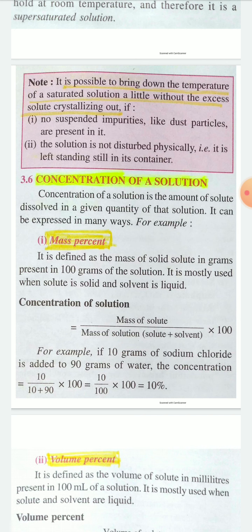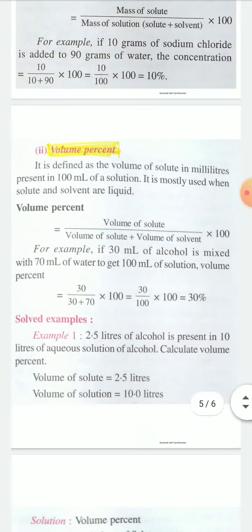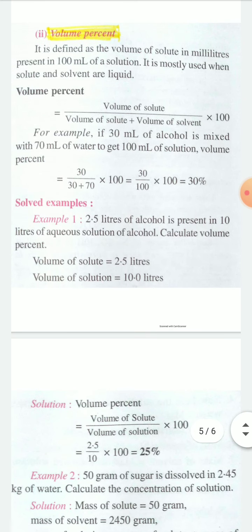This is mass percentage. Now, volume percentage. It is similar to mass percentage, but here you consider the volume of solute, solvent and solution, not their mass. It is defined as the volume of solute in milliliter present in 100 milliliter of solution.